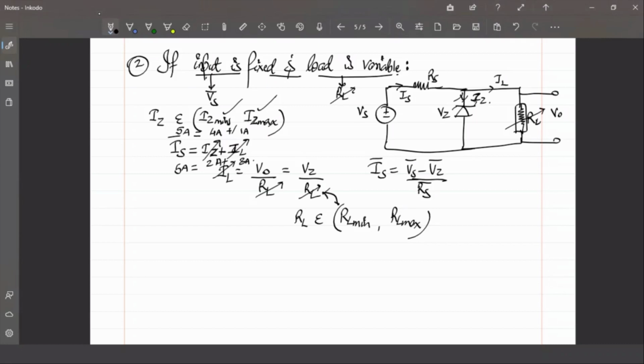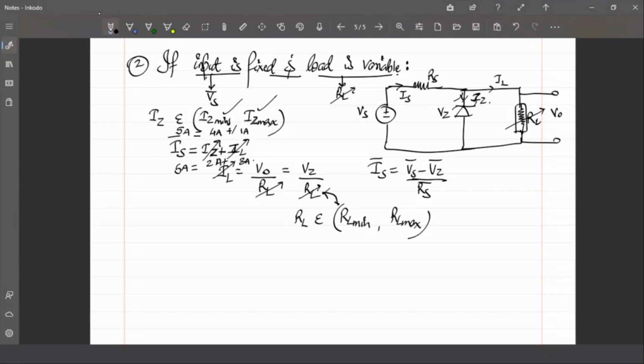If IL is in a specific range, with a constant input current, Zener current will always be in a specific range. So indirectly, the Zener current changes depending upon the load current changes, keeping the input current constant. If this is kept possible, then your device will be in the reverse breakdown region and output voltage will be Vz.